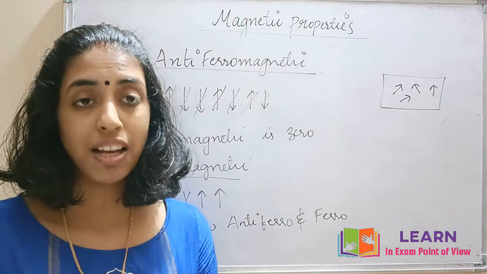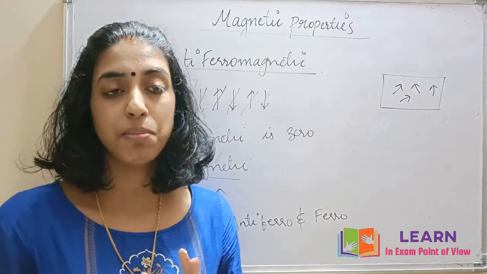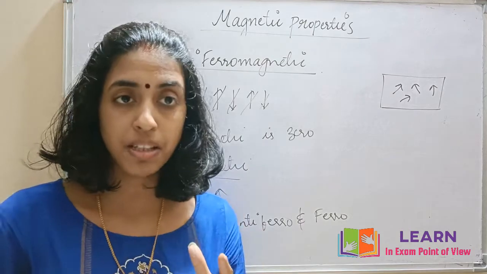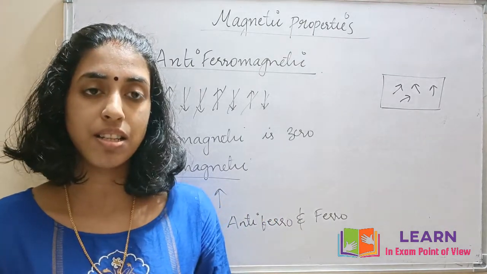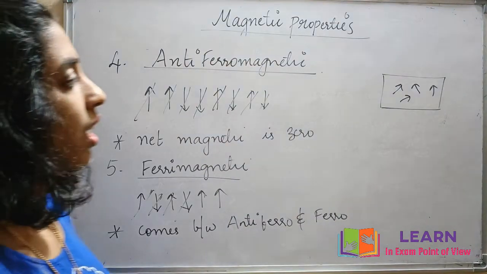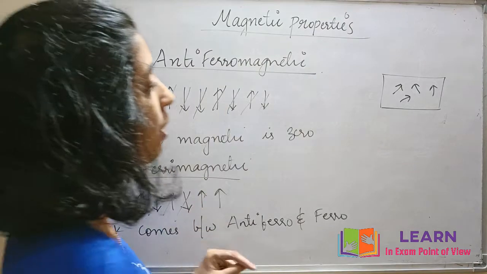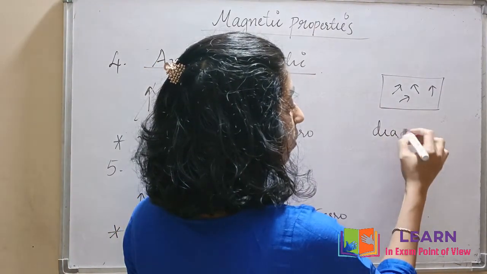Clear? So you have to remember five magnetic properties: paramagnetic, diamagnetic, ferromagnetic, antiferromagnetic and ferrimagnetic substances. And one more thing I missed: like antiferromagnetic, in diamagnetic also the net magnetic moment will be zero.